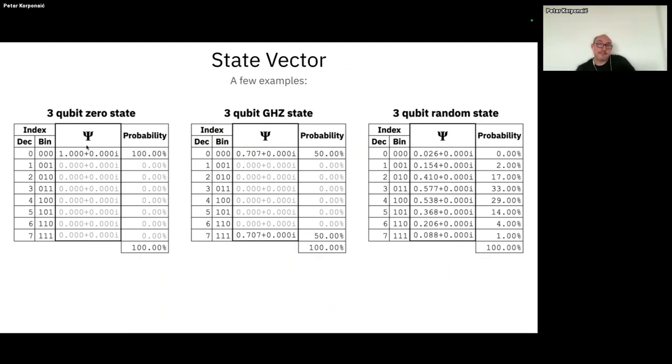But the state of a quantum system is actually expressed with a vector of complex numbers. To explain why this is a complex number will take a long time, and we don't have that much time in this short presentation. But for you, from a software perspective, it is enough that you understand that this is a vector of complex numbers, which all sum to 1.